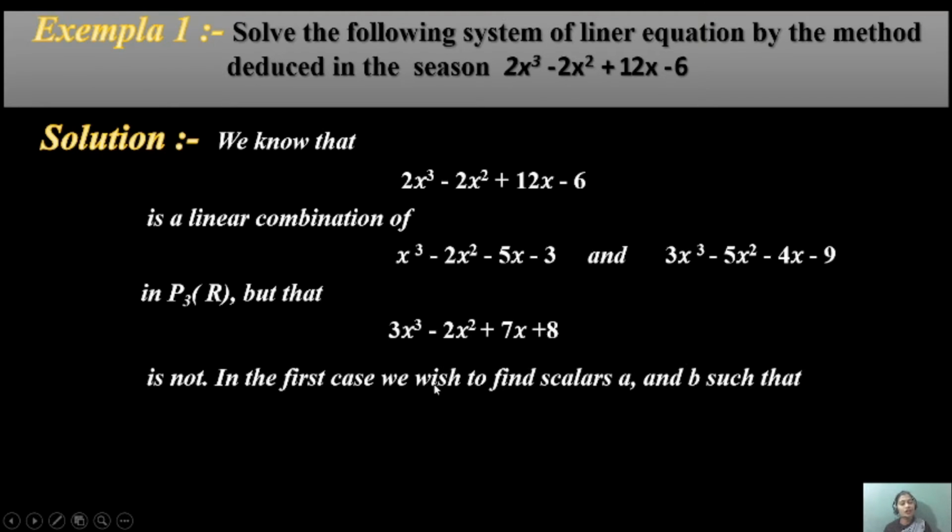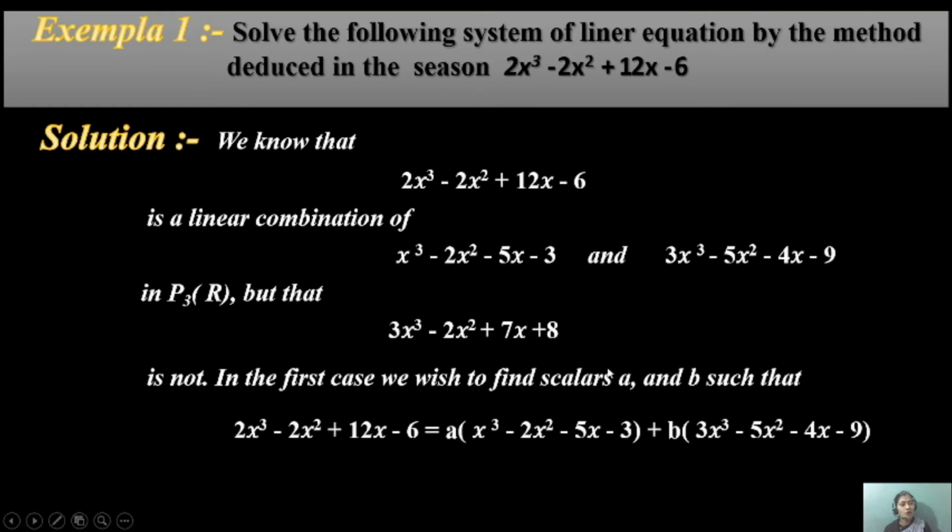In the first case, we look for scalars a and b such that 2x cube minus 2x square plus 12x minus 6 equals a times the first polynomial plus b times the second.